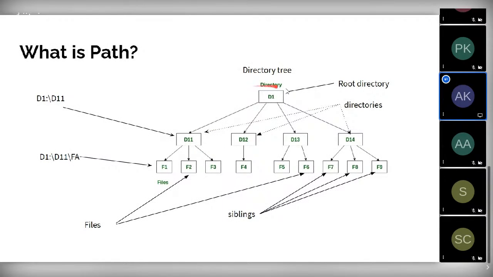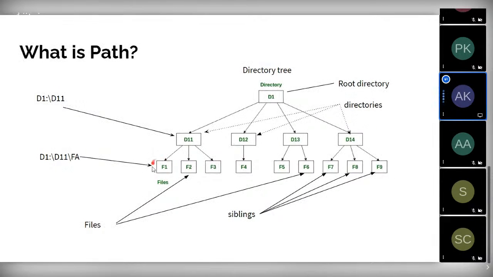First you identify the root directory, D1, then colon, then forward slash, then the name of this folder, D11. Similarly for D12, the path is D1 colon, then slash, then D12. If I ask what will be the path of D14, it is D1 slash D14.